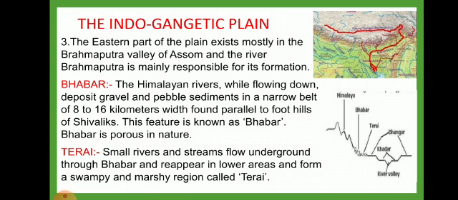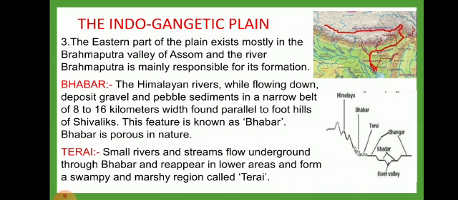Now let us see some important terms. Bhabar: the Himalayan rivers which flow down deposit gravel, pebbles and sediments in a narrow belt of 8 to 16 kilometers width, found parallel to the foothills of Sivalik.